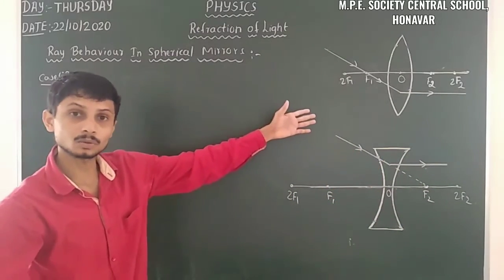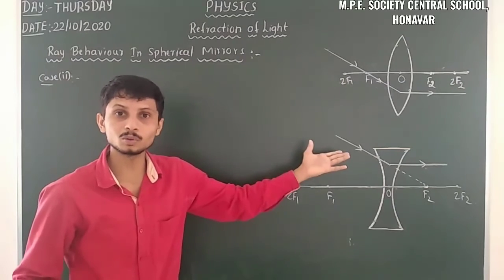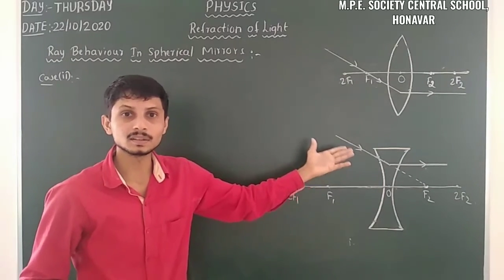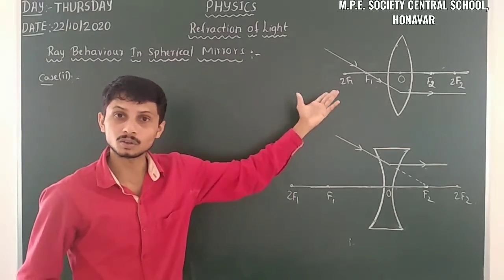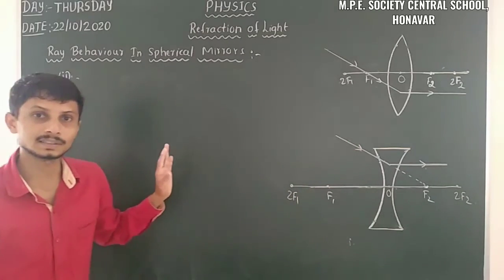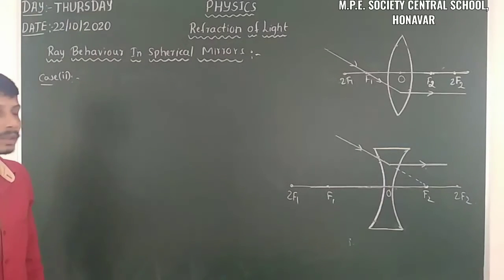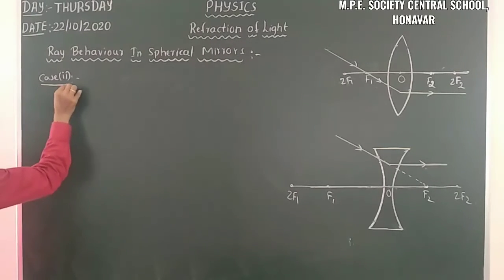So remember those ray behaviors, as we have to use them while representing image formation in the convex lens and the concave lens. Let us describe that one. First, the convex lens.